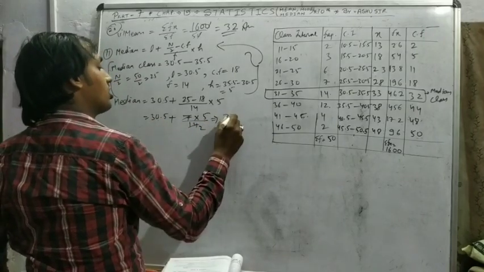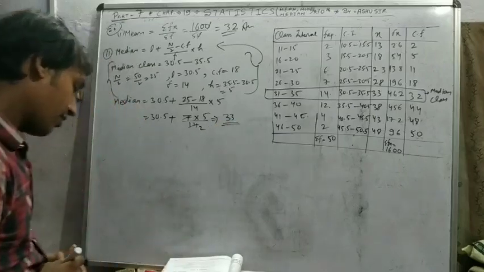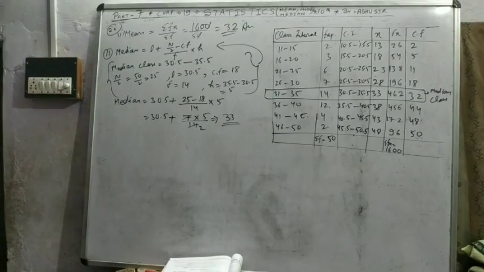So 33 is the median value of the given frequency distribution table.